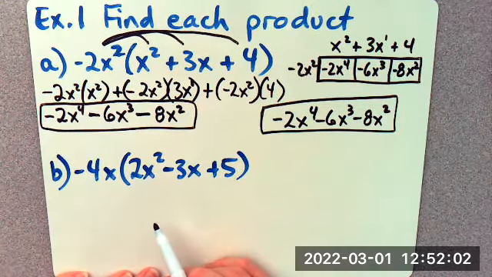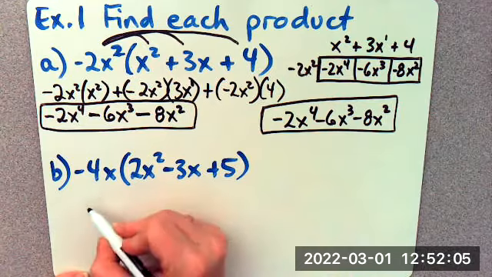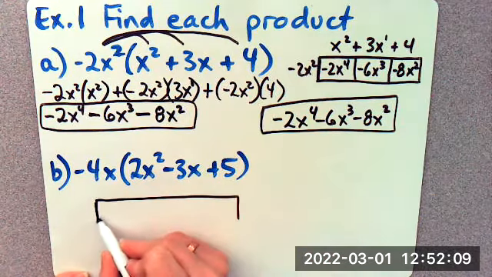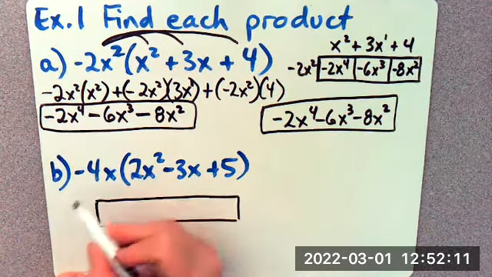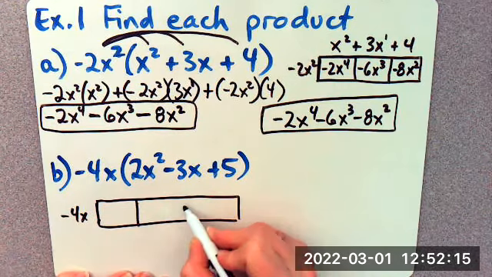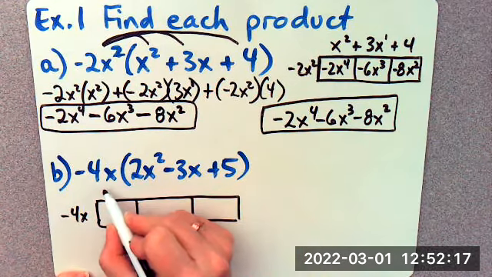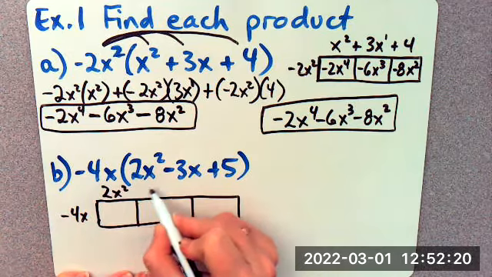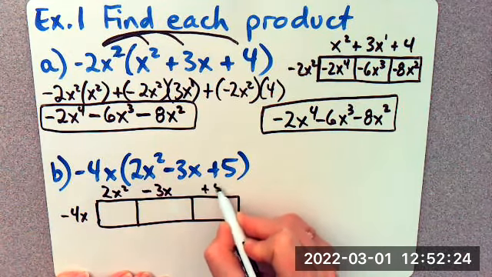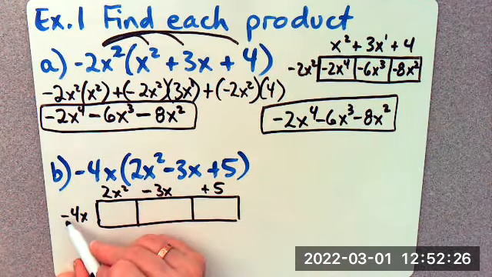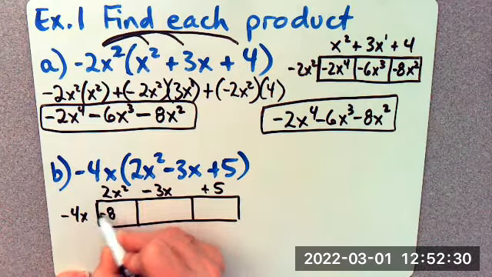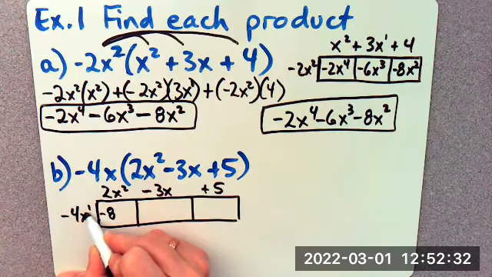Okay, so let's try the box method with this one, since it's one of my favorite methods. Okay, so we have 2x squared. This is a minus 3x, and then a plus 5. So negative 4 times 2 is negative 8, and that's an x to the first.